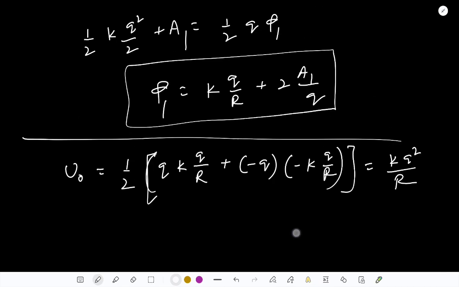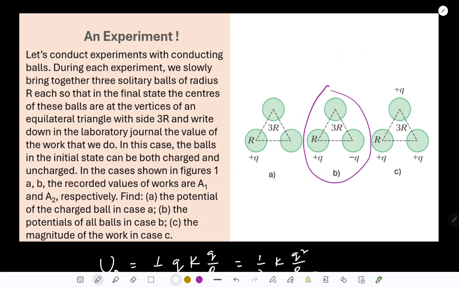Now when they are brought together to form this system, you can see one thing: the potential of this uncharged ball is equal to 0, because it lies on an equipotential surface, because the potential due to q at its position and the potential due to minus q at its position are equal in magnitude and opposite in sign.